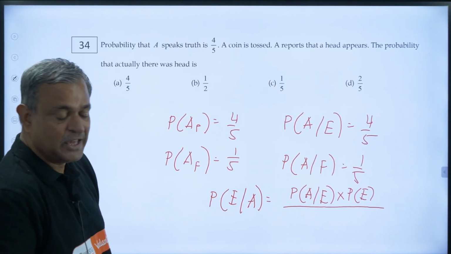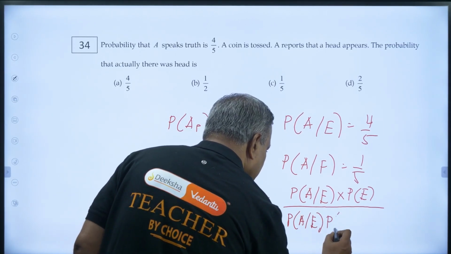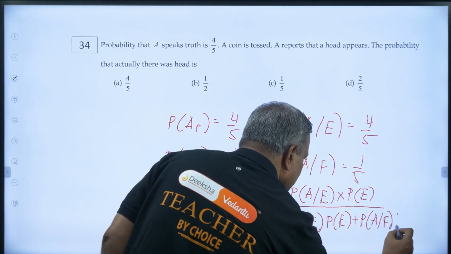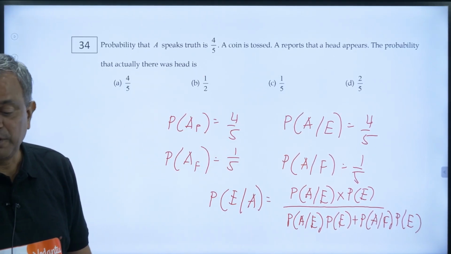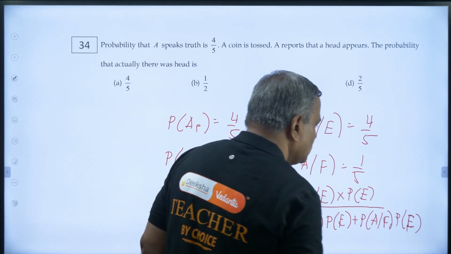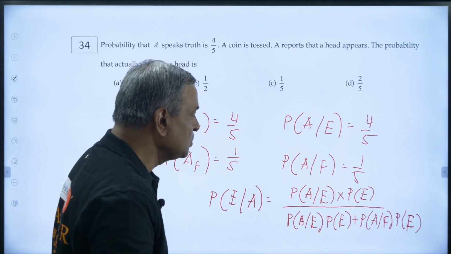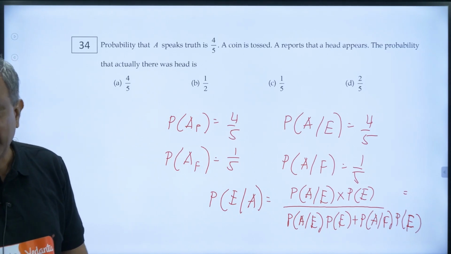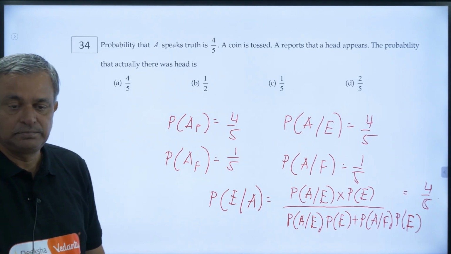So P of A by E into P of E plus P of A by F into P of F. Here F means the tail. Head or tail, P of E is 1 by 2, and P of F is also 1 by 2. If you simplify, substituting those values, you get your required answer as 4 by 5.